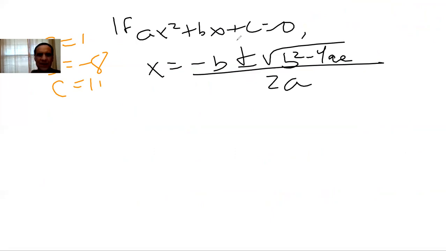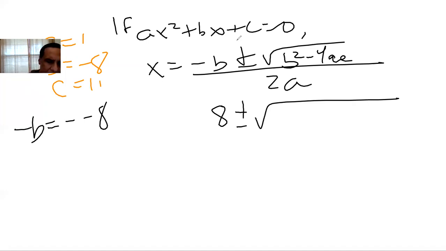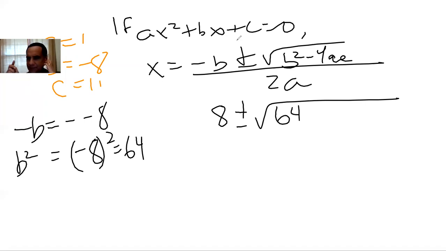I kind of scrawled it, I'll admit it. Now, negative b is actually going to be 8, because negative b is the opposite of negative 8. For b squared, you have to square a negative and get a positive. If you don't, you're going to get it wrong.